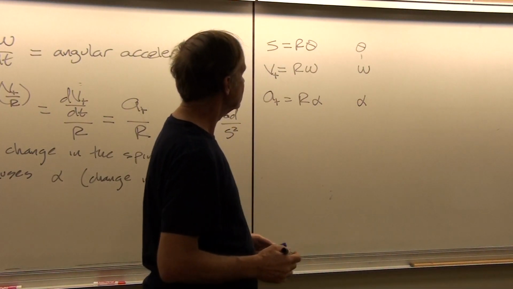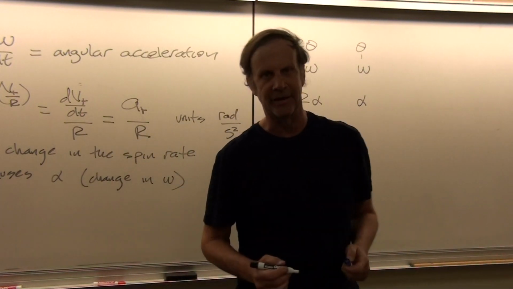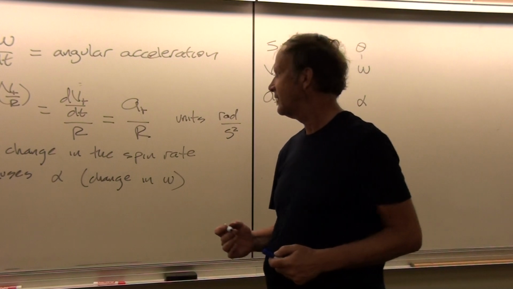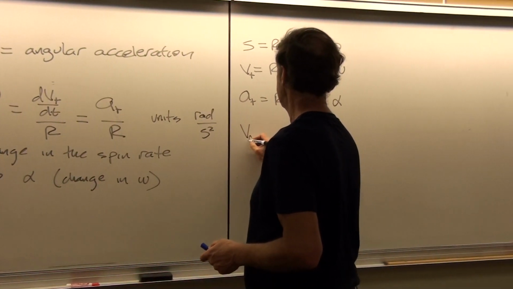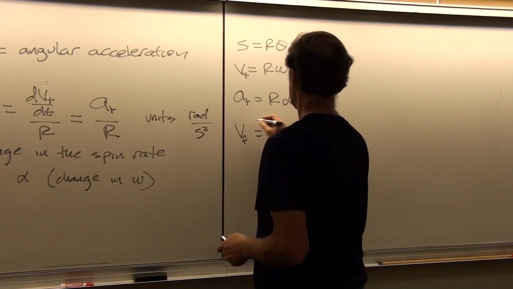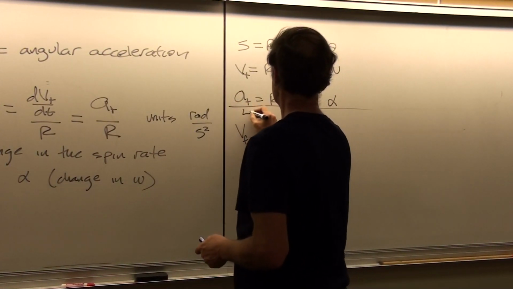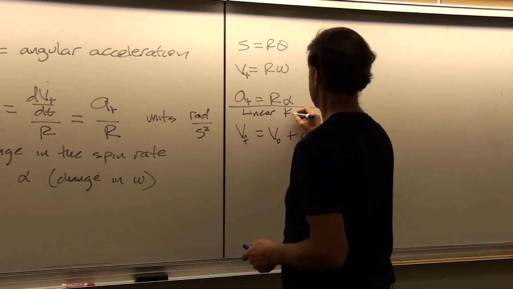Okay, and so let's just review quickly the linear kinematics equations, and what we'll see is that the rotational kinematics equations are analogous. v final equals v0 plus at. So this is linear kinematics. This is one of the first things we looked at in this class.